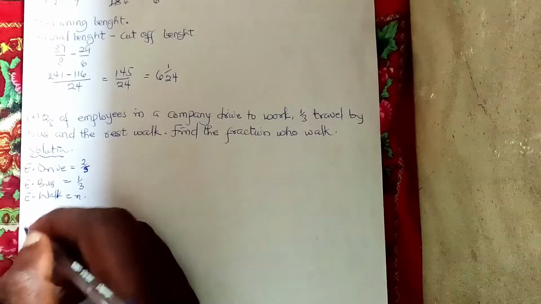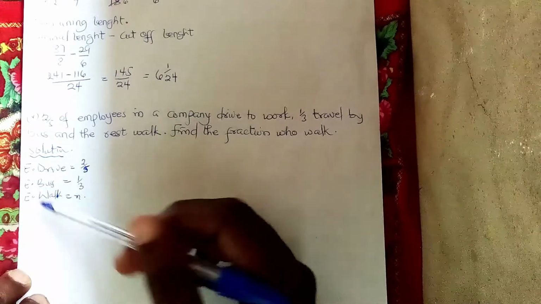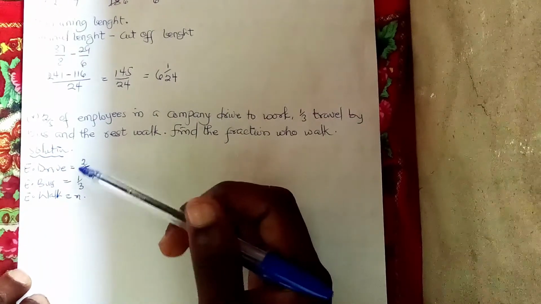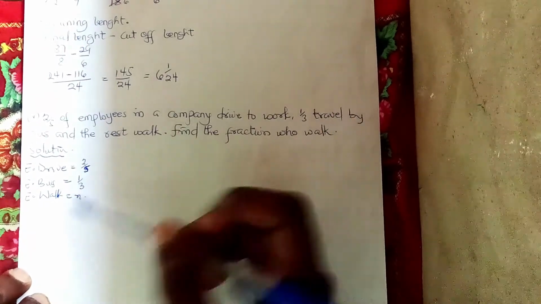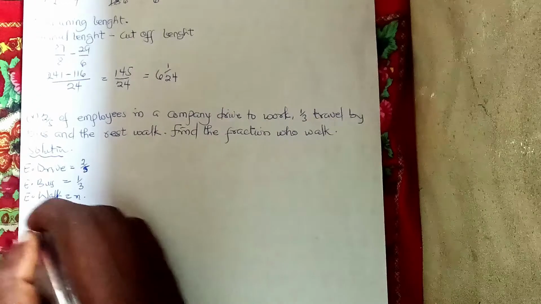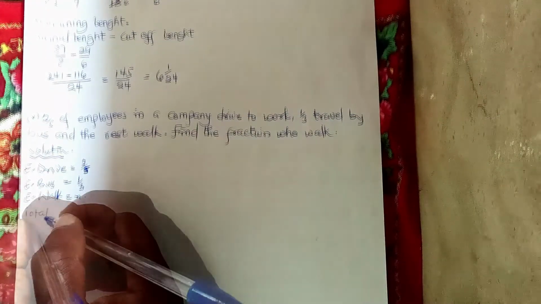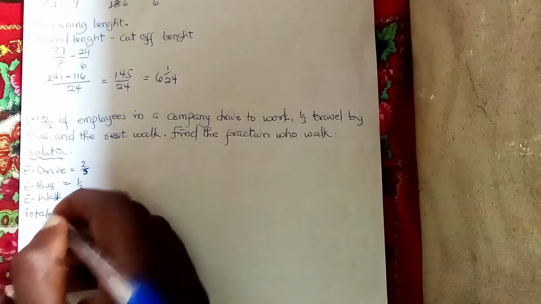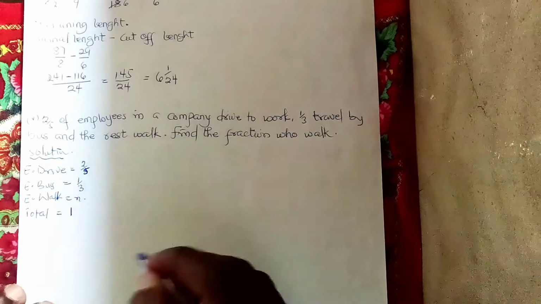So if we add these 3 groups of employees with their fractions, the highest number we are going to get is 1. So we have the total fraction of these 3 to be 1.